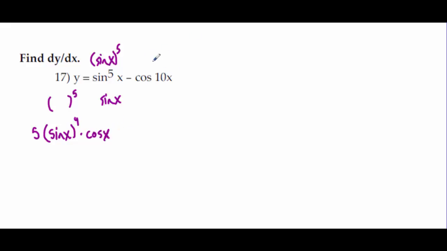Here I have cosine of 10x, and so this time my outside is the cosine and my inside is 10x. Look at the difference between those. Here, this is raised to the 5th power. Here, our extra number is inside, and so cosine is the outside here. So I'm going to take the derivative of, and actually there's a negative in front of that I probably should not forget about.